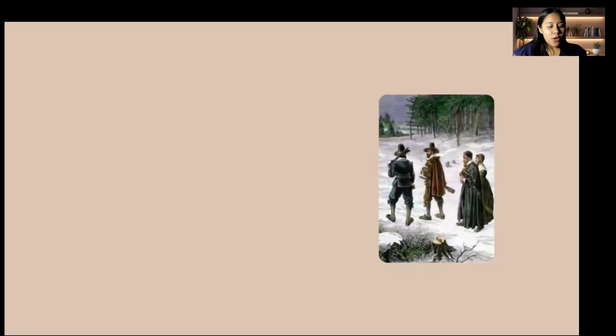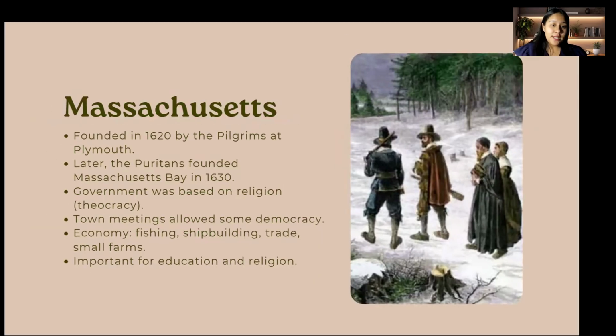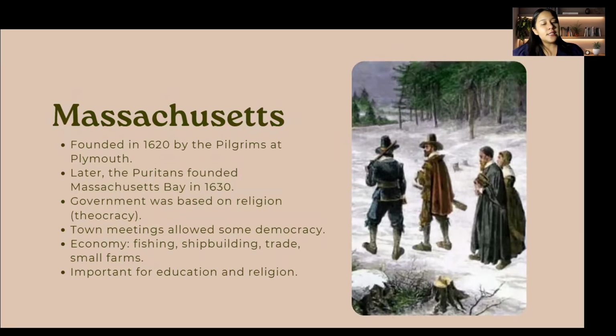All right. So, starting with the first colony, Massachusetts. Massachusetts was the first and most important colony in New England. It was founded in 1620 by the Pilgrims at Plymouth. Later, in 1630, the Puritans created the Massachusetts Bay Colony. Their government was basically a theocracy, which means that religion and government were connected.